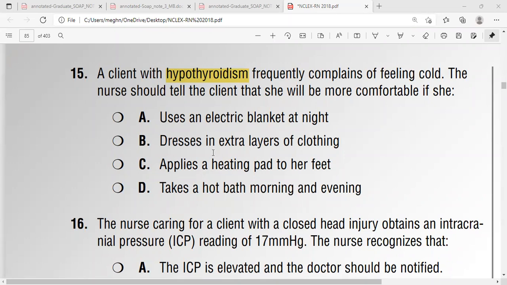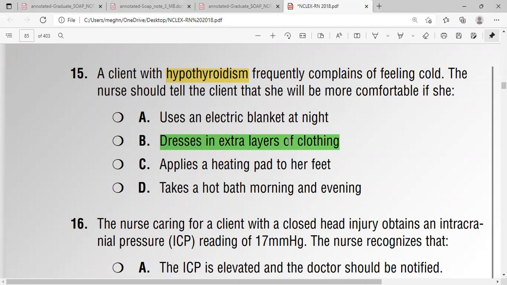The correct answer is number B. It is good to tell your patient to dress in extra layers of clothes because hypothyroidism causes a complaint of cold.